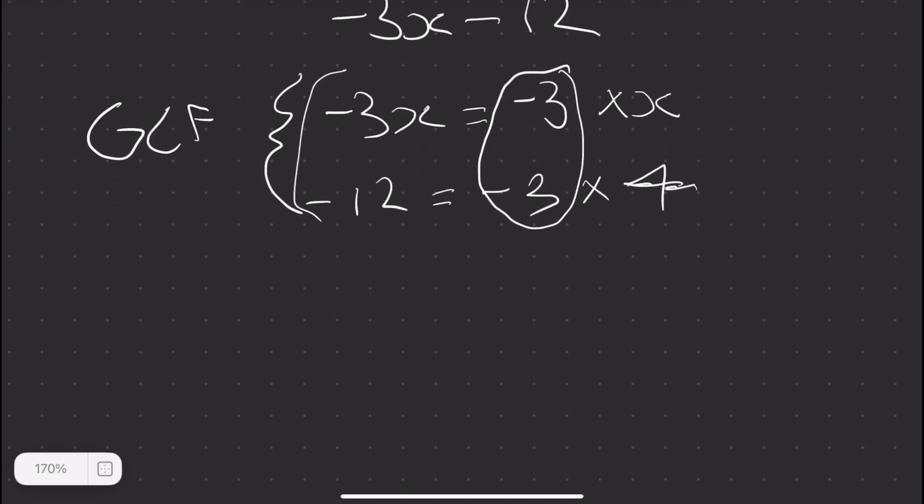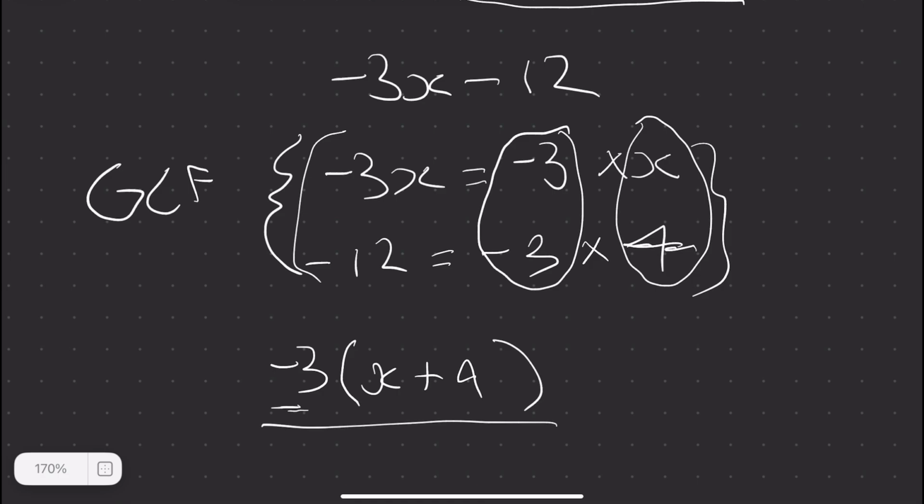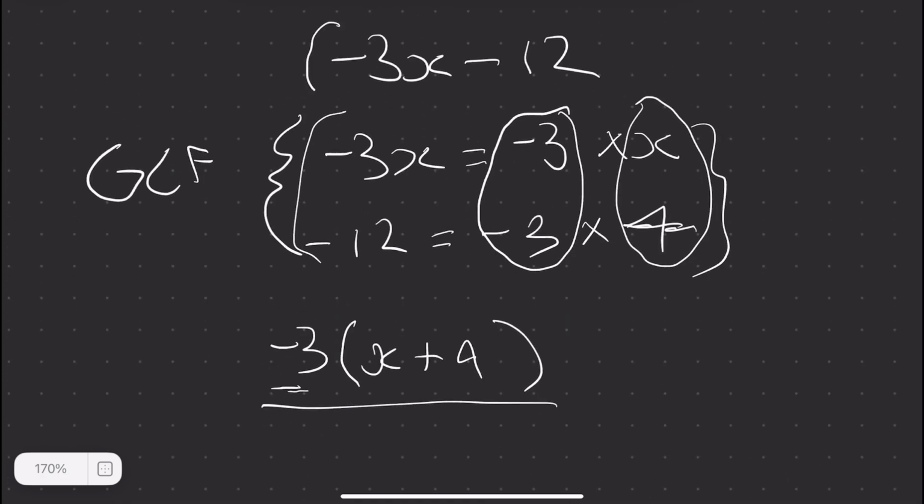And we want to now put this outside of a pair of brackets, and to get the terms inside the brackets, we want to do negative 3x divided by negative 3, which is x, and then negative 12 divided by negative 3, which is equal to 4. In other words, the terms inside the brackets will be the other factors that we have found over here. So this is the factorized form of this expression.